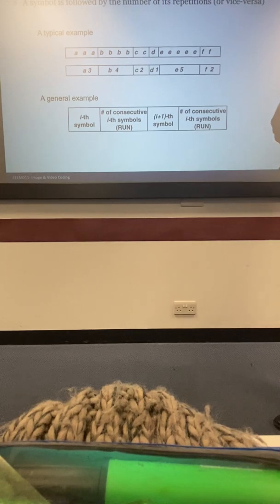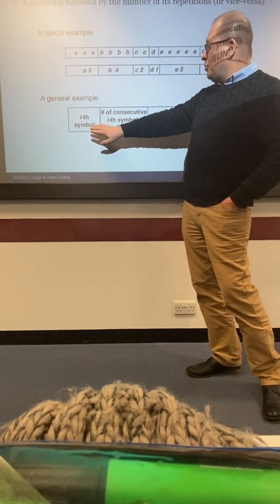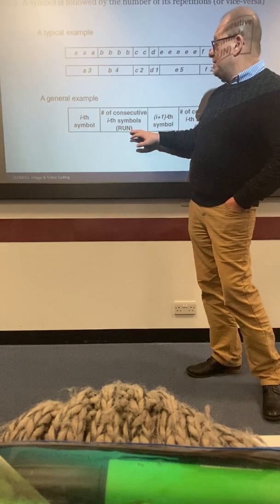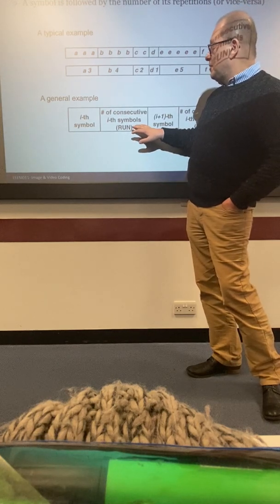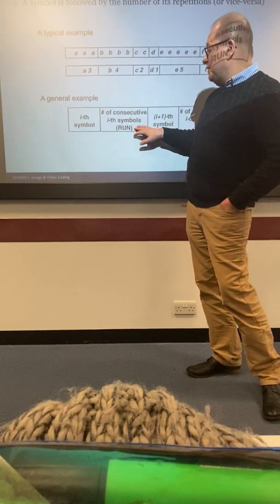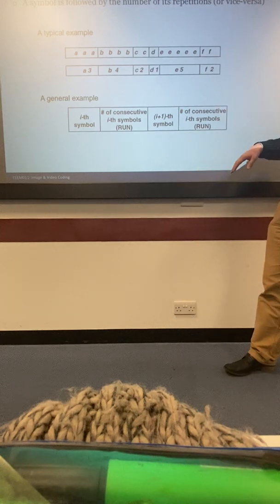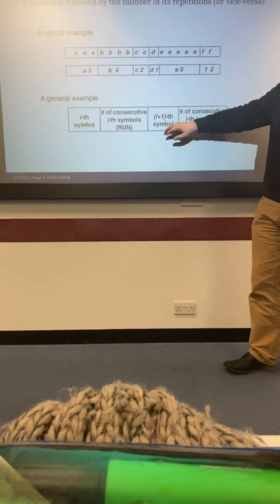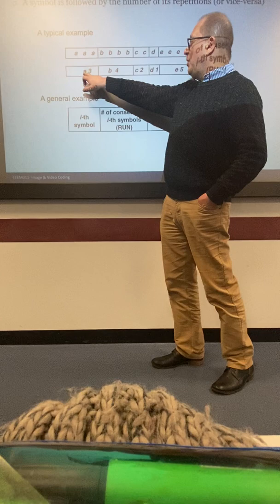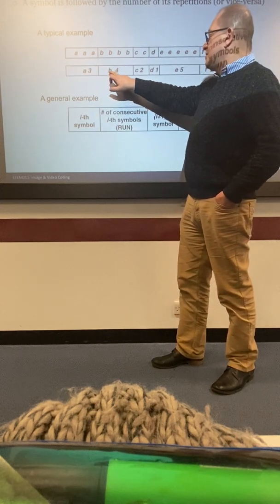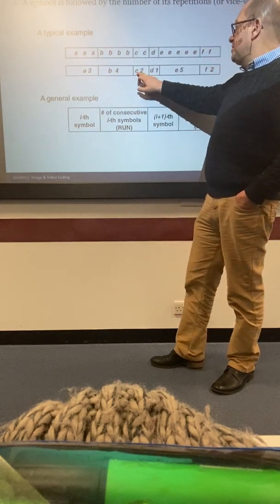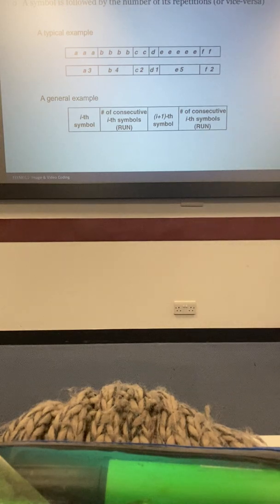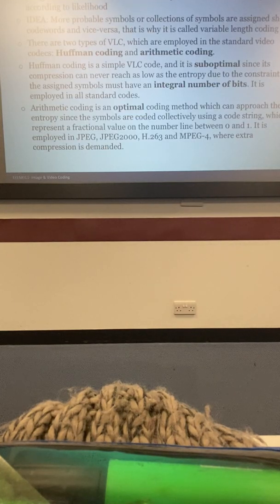So we would code, for example, which symbol it is and the number of consecutive repetitions of that symbol, which we quite often call the run. And then we say, okay, so we had symbol A 3 times, symbol B 4 times, symbol C twice, and so forth. You will see later how we use it in practice.